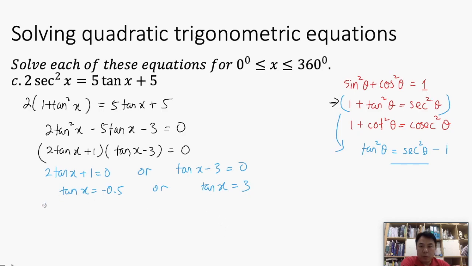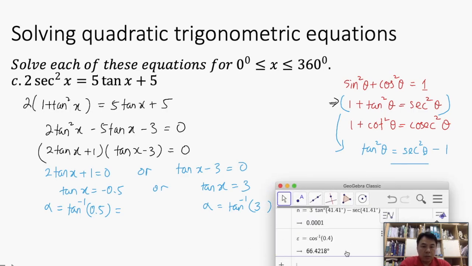So if I follow the usual rules, I will need to get my reference angle by getting my arctangent here. Don't forget, key in a positive value, and the same goes for this arctangent, the inverse of 3. So let me get my calculator here.